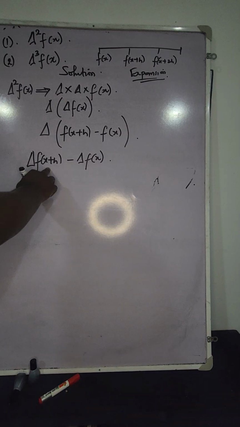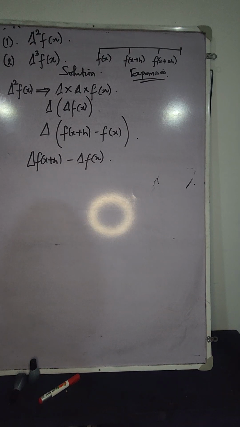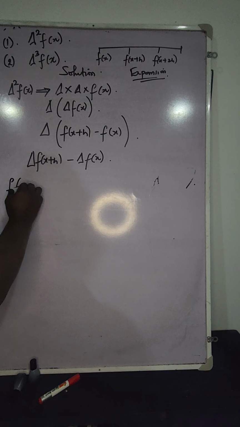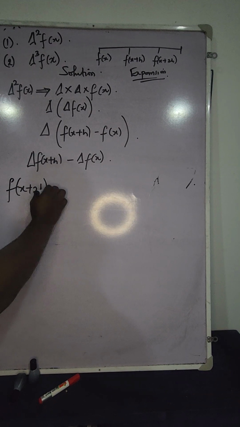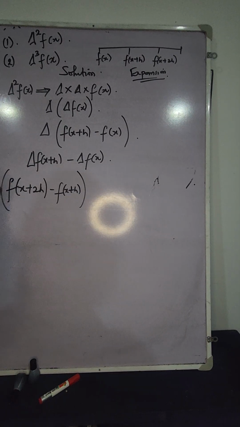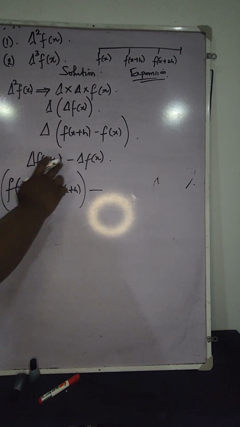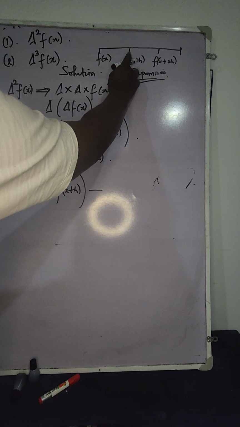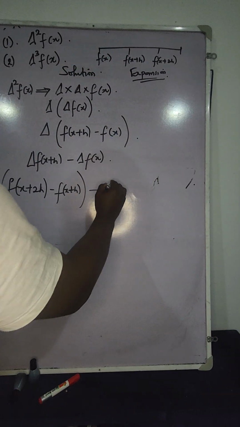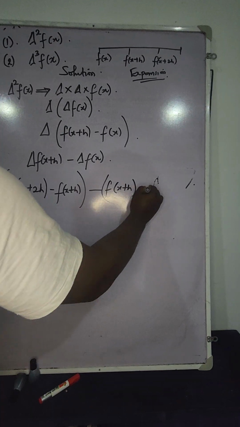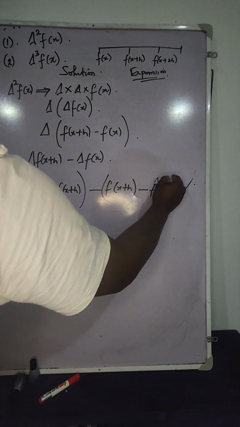What is the forward difference of f of x plus h? Our answer to this question is f of x plus 2h minus f of x plus h. Do you see that? Minus. What is the forward difference of f of x? Forward difference of where we are going to, f of x plus h, minus where we are coming from, f of x itself.